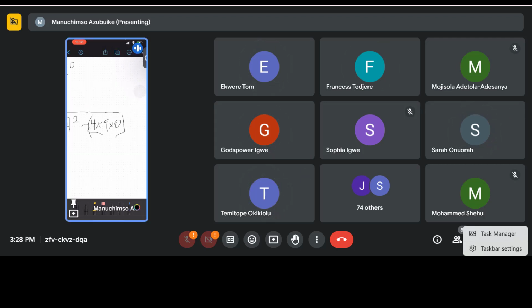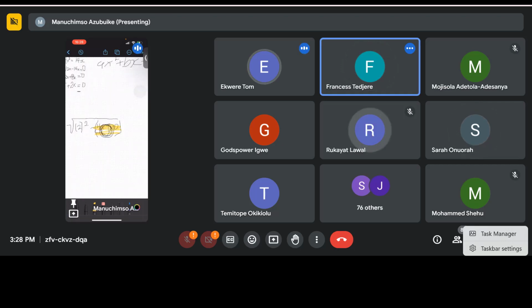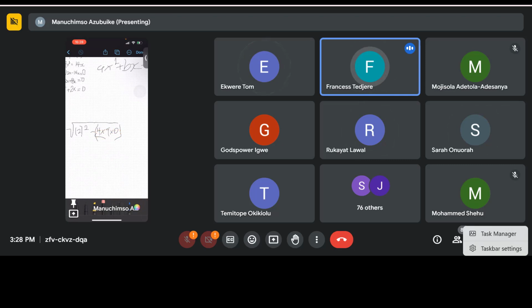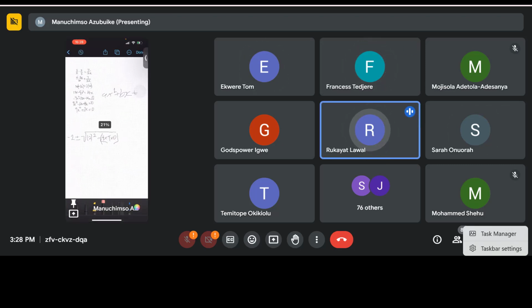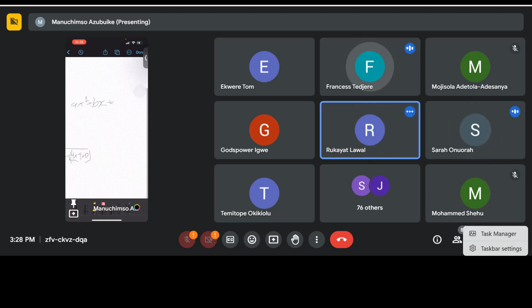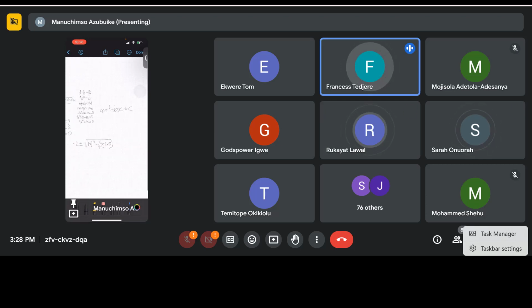You have seen 0 here, so automatically this entire thing is 0. What he's trying to say is you don't have C. Mr. Godspower is saying that you cannot assume C since there is no C.